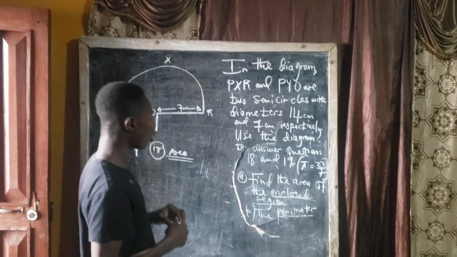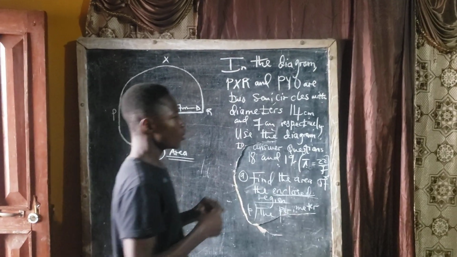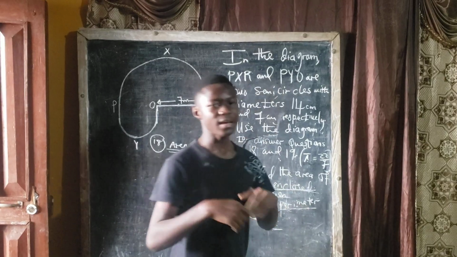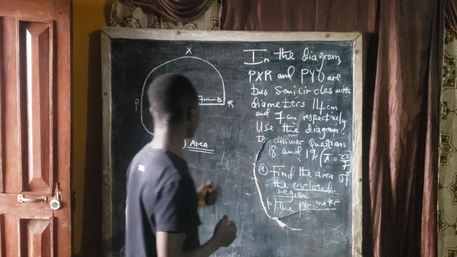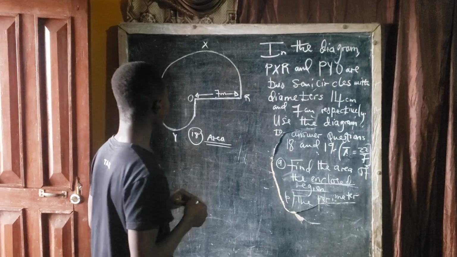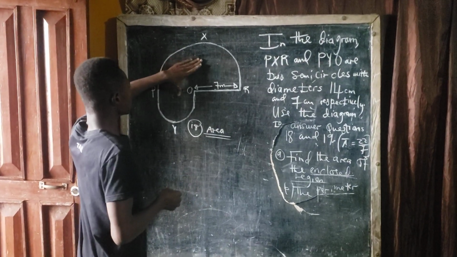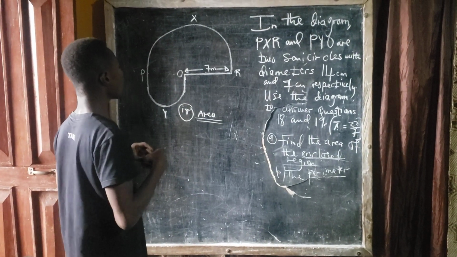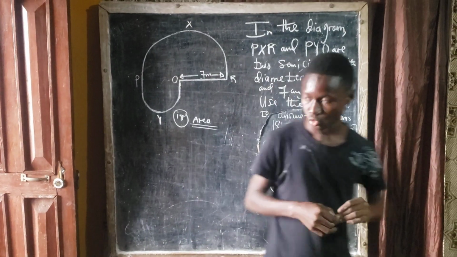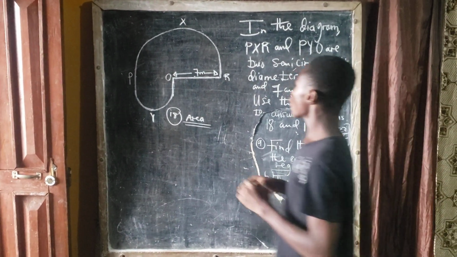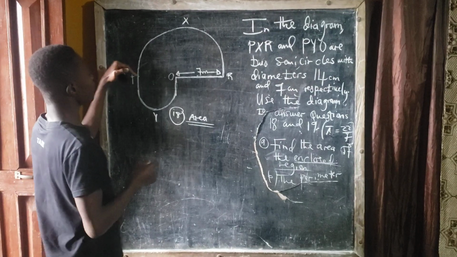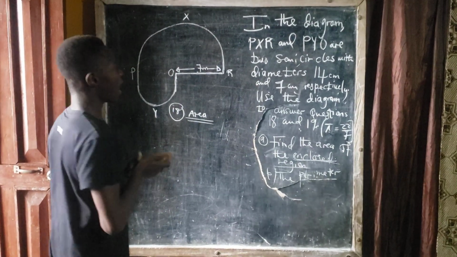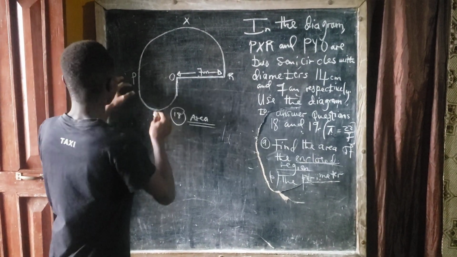Mind you, the enclosed region, it means what? A region or a space surrounded by boundaries. So in this diagram, we have two semicircles, PXR and PYO.